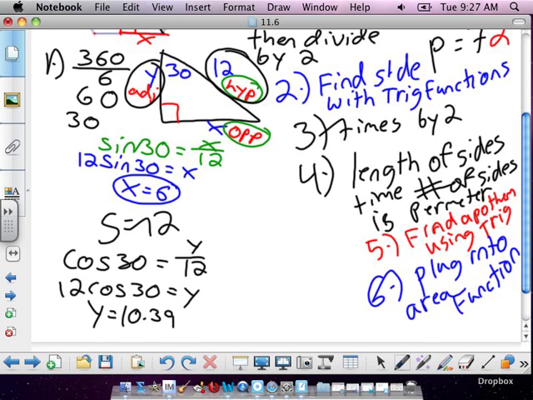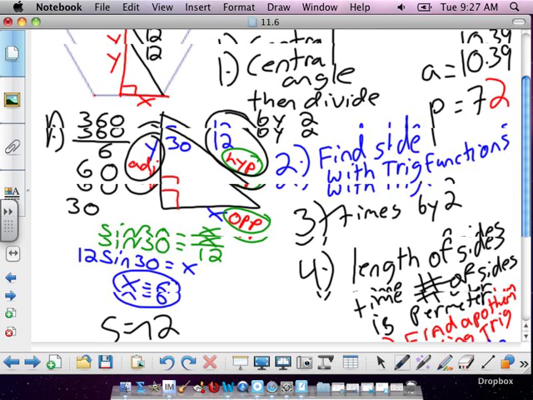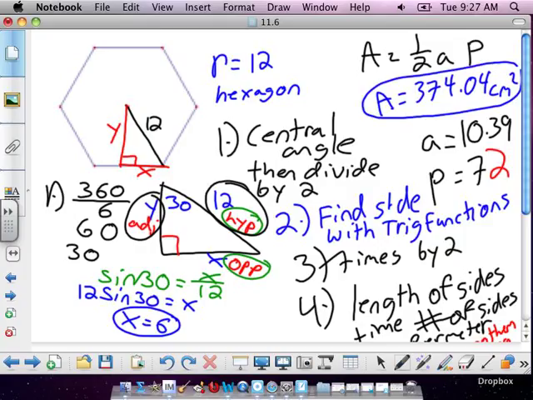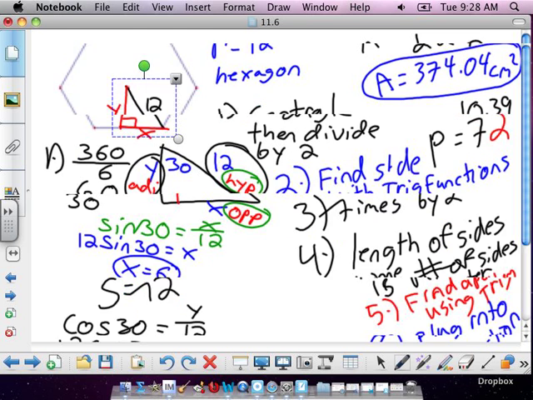So 0.5 times 10.39 times 72. Our area equals 374.04 centimeters squared. Was it 10.9? I get 10.39. Okay. Yes.